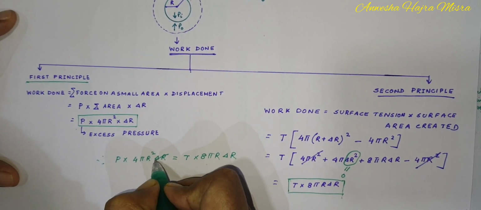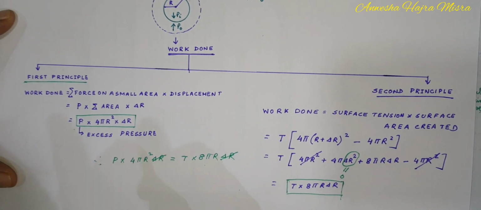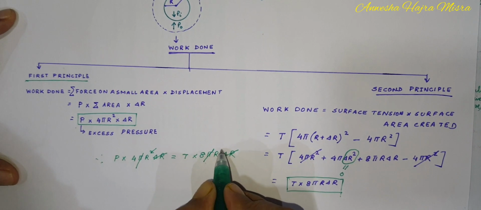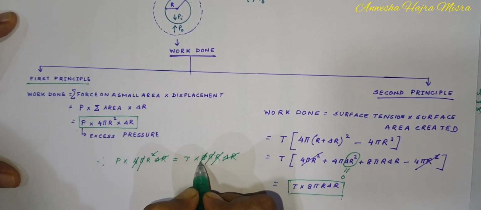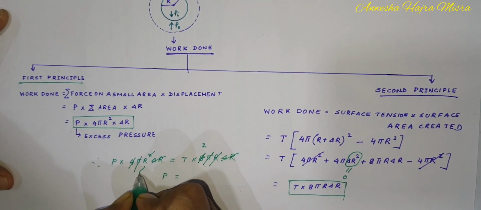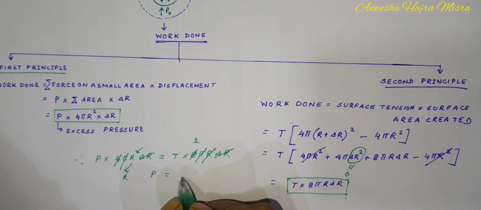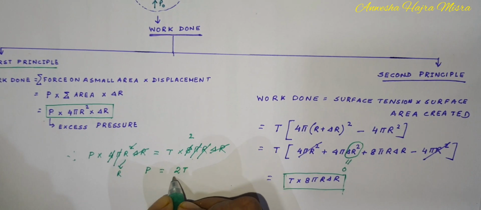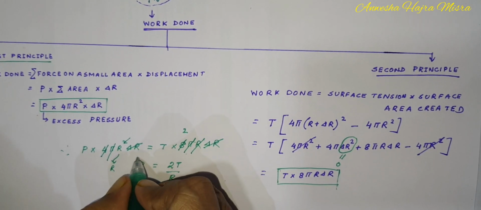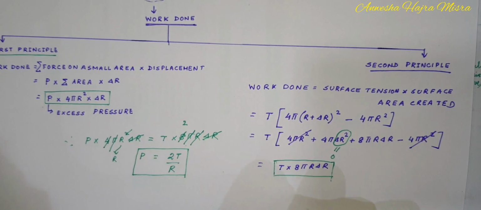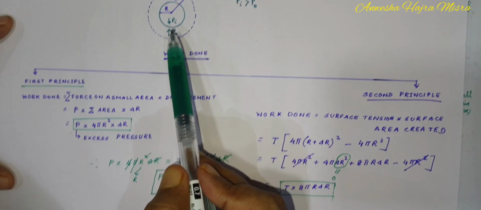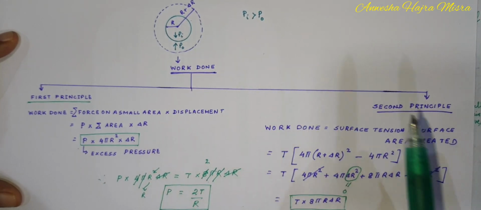Now delta r cancels, pi cancels, one r cancels, 4 twos are 8. So excess pressure becomes twice T by r. Now here only one surface increased.